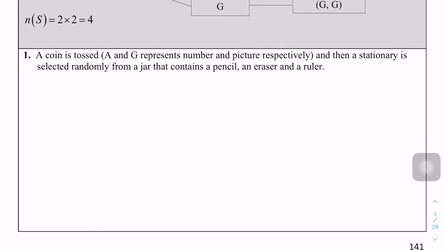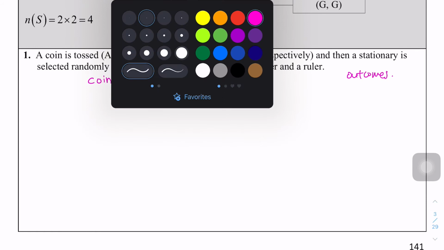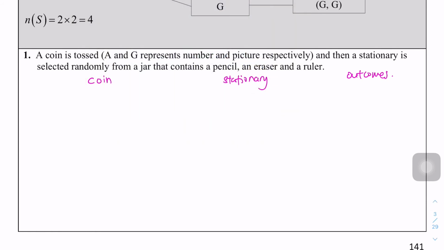So you can write it like this. The first one we have coin. The second one we have jar of stationery, so you can write it as stationery. And finally we have the outcome. For coins we have A, which is number, G is the picture.